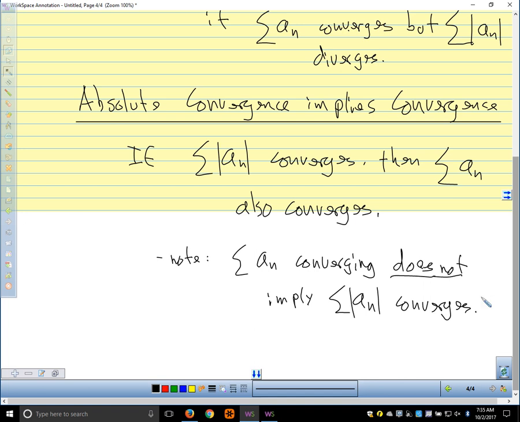Our counterexample there would be the alternating harmonic series. The alternating harmonic series converges, but the absolute value series does not. Any conditionally convergent series would be a counterexample to this. So this only works one direction. If the absolute value series converges, then the alternating series converges.